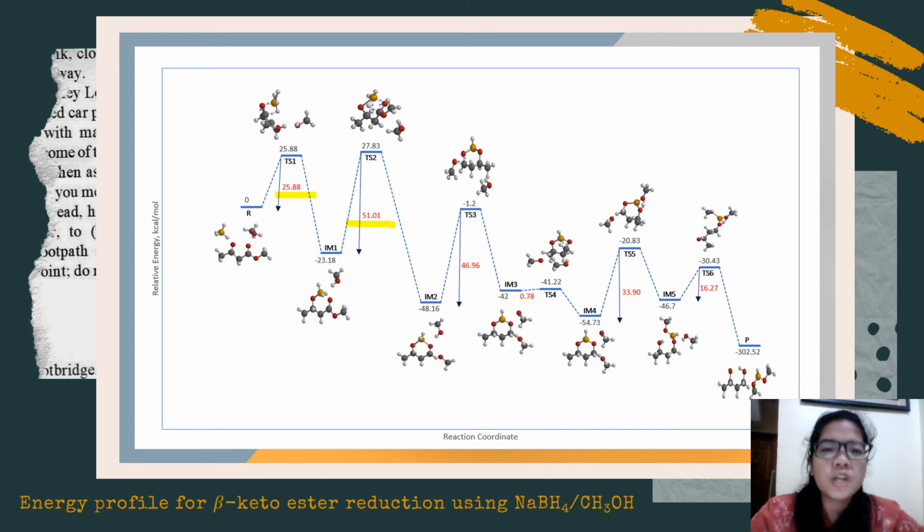This result shows that the ester is more difficult to reduce than ketone. Therefore, considering the higher activation energy in TS2, it is important to take note that this step wherein the six-membered cyclic intermediate is formed is the rate determining step.